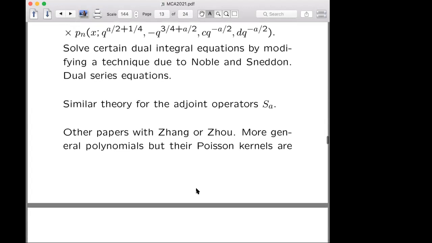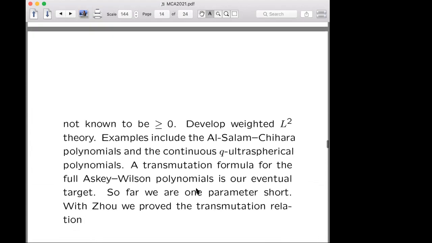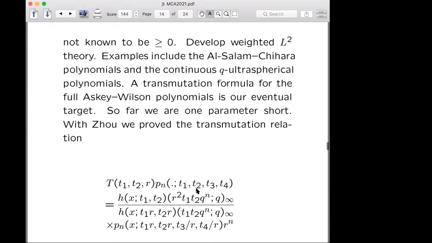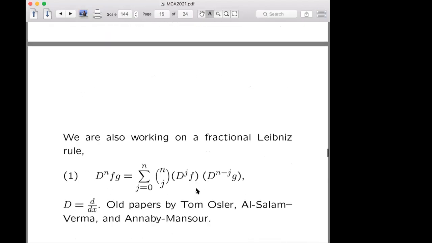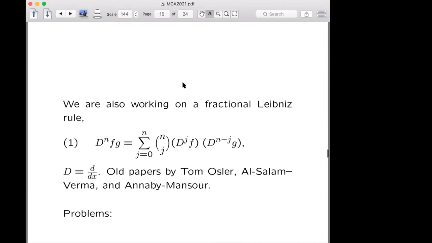And we are still trying to understand what's going on here, and we don't know yet how far we will go. Now, one thing that we do not know how to do is an analog of the Leibniz rule. You see, the Leibniz rule here is for derivatives and for the old q-difference operator.